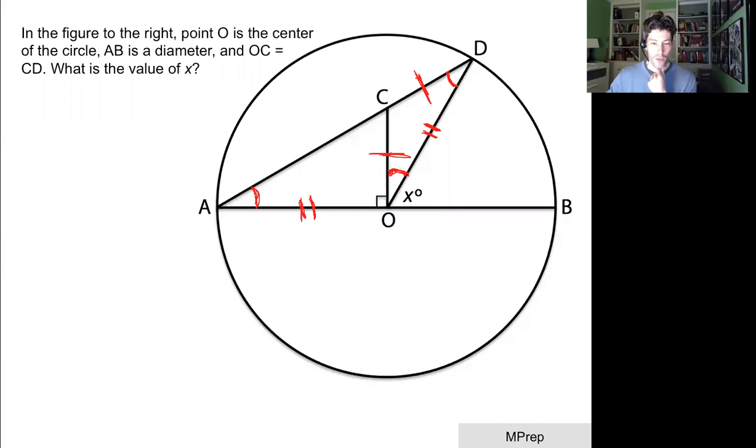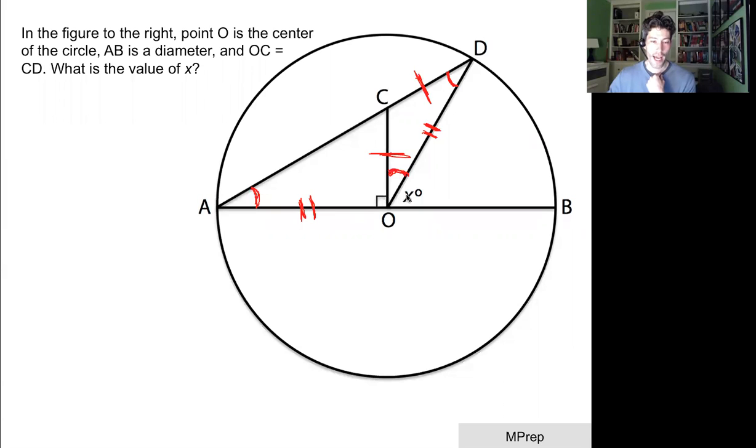Let's take a look at that really large triangle here, the AOD triangle. Absolutely, Karen says that X must be less than 90 degrees. You know that as a fact because you have 90 degrees here, COD is some measure, and then X is the leftover, which gets you to a total of 180.